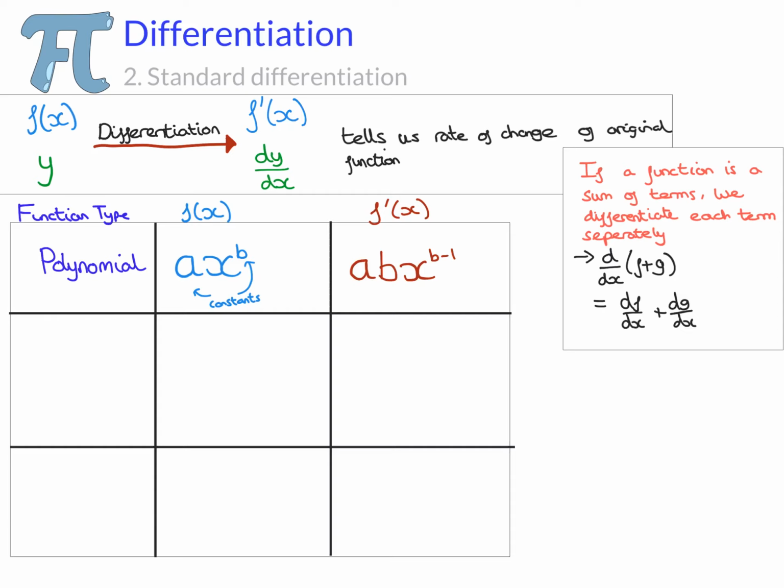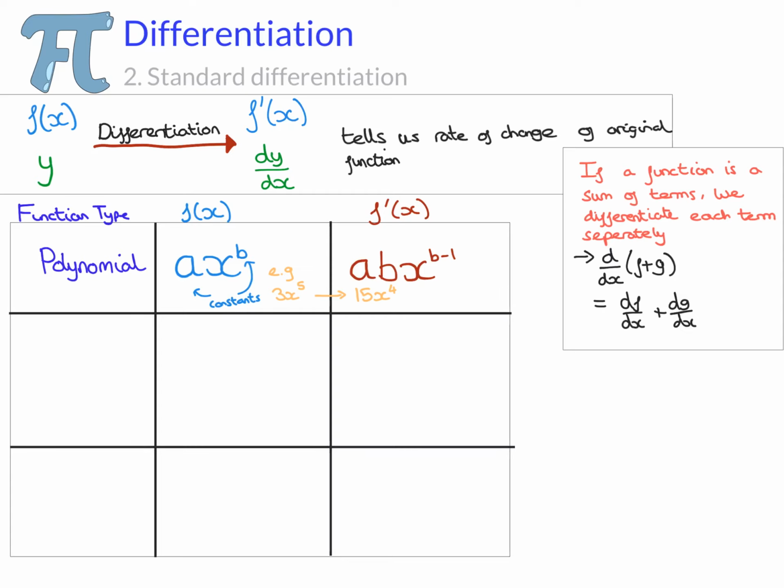This leaves us with the general form ab multiplied by x to the power of b minus 1. For example, if f of x is 3x to the power of 5, then f primed of x is 15x to the power of 4.